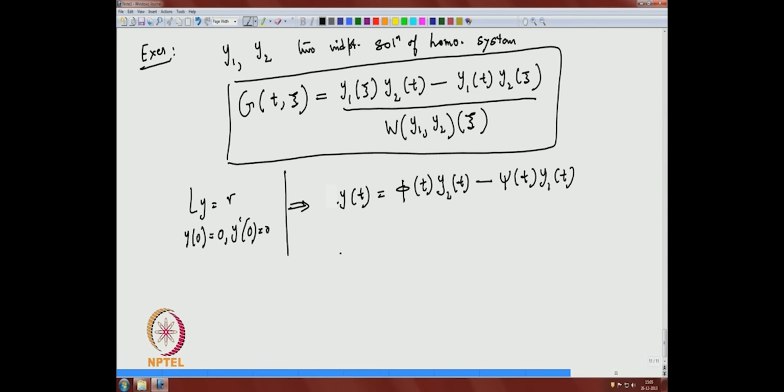And what is your phi(t)? Phi(t) is nothing but the integral of g(t, psi) r(psi), so this factor you have to take.